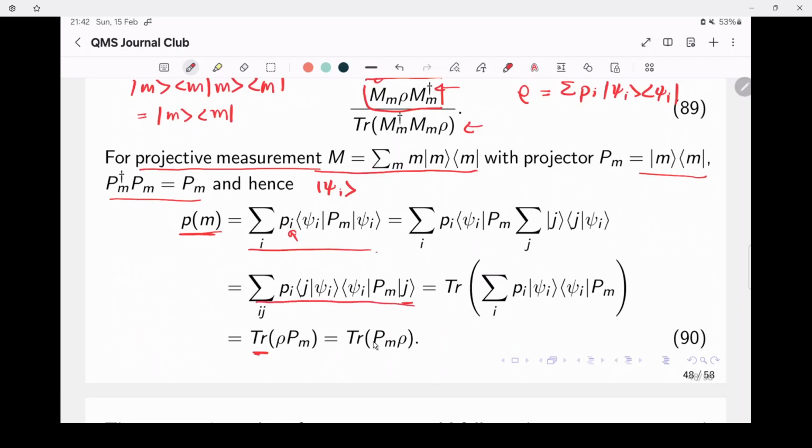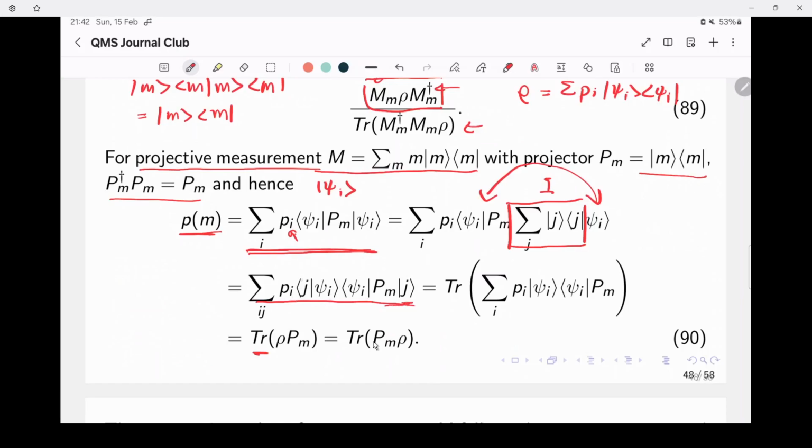So if you begin with this, this is particularly how you calculate the probability for getting the outcome M. So you add in one complete relation, so this equals identity when you sum over all j. And then you swap the position so that you get something like this.